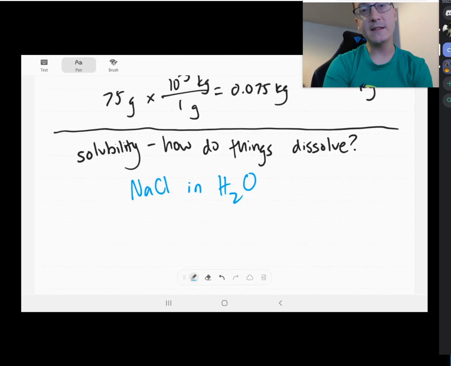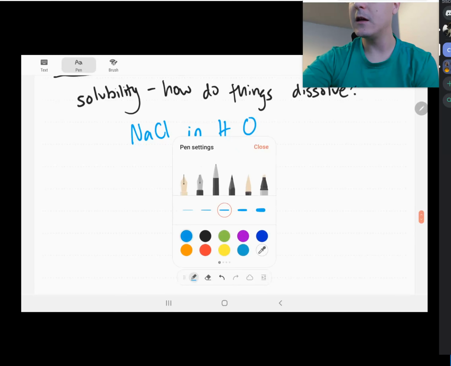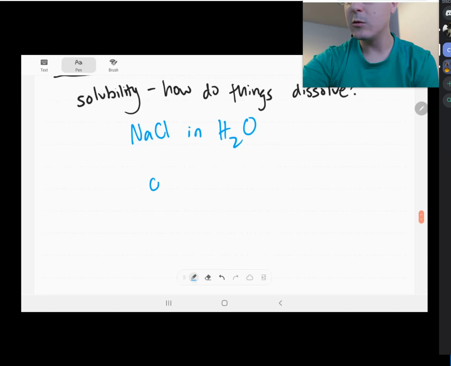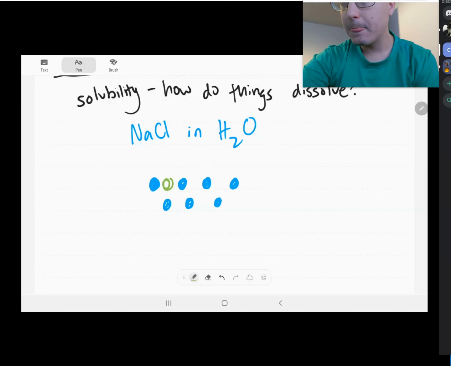So, why does the salt actually dissolve in the water? We know that salt is normally in its nice solid form. I'm going to draw one of them in first, and then the other. You remember that sodium chloride has alternating sodiums and chlorines.